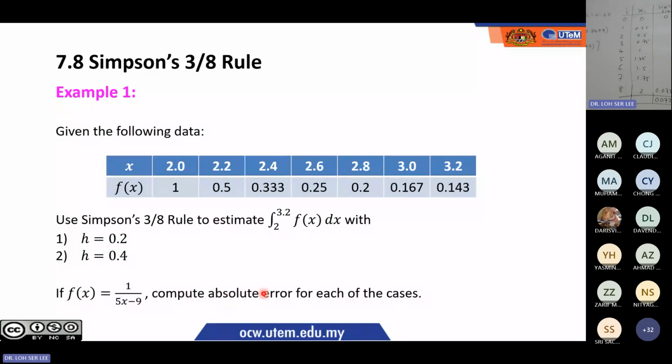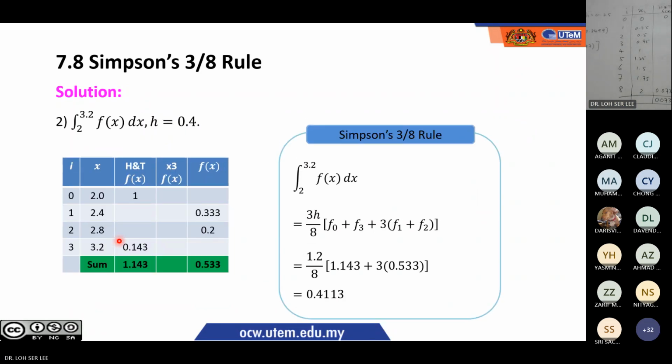For this example, if the function is given, then you need to compute the absolute error for each of the cases. To get the absolute error, we need to integrate this fx from 2 to 3.2 to get the actual value, and use the actual value to compare with these two approximated values.